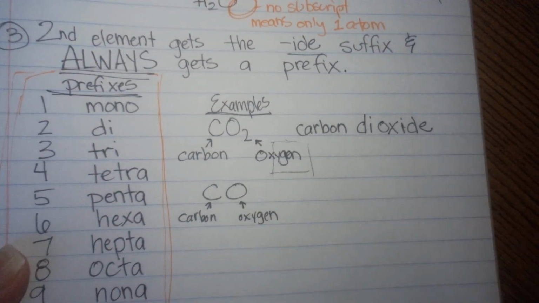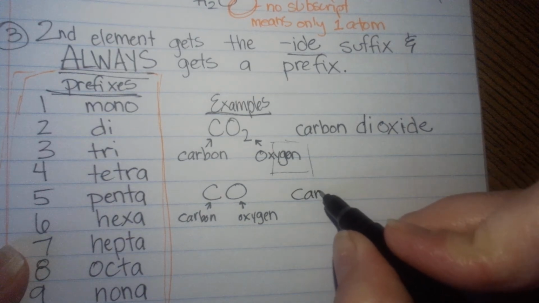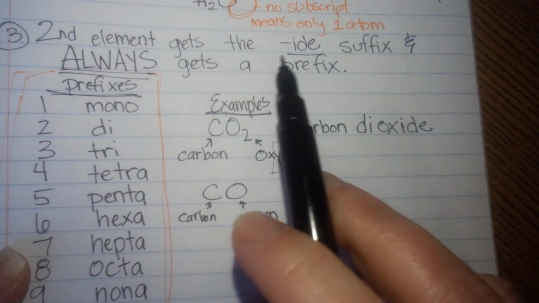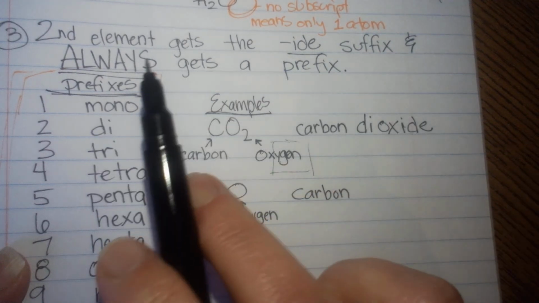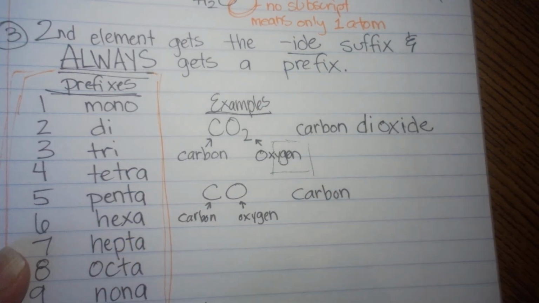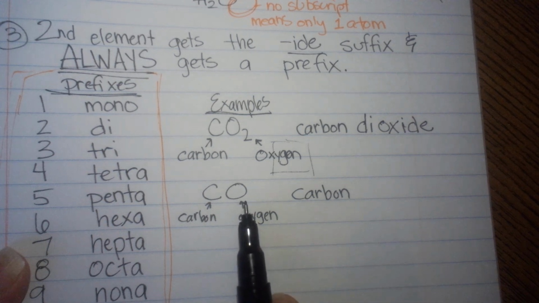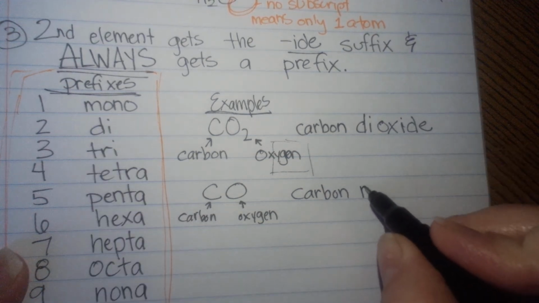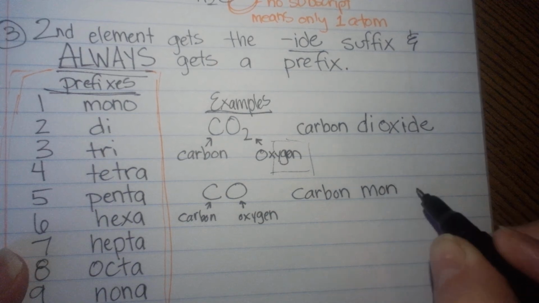Well, our first element does not have a subscript, so it's going to keep its name. Our second element always gets the "ide" and always gets a prefix. So how many atoms of oxygen do I have? Just 1. So which prefix am I going to use? Mono. So carbon monoxide.